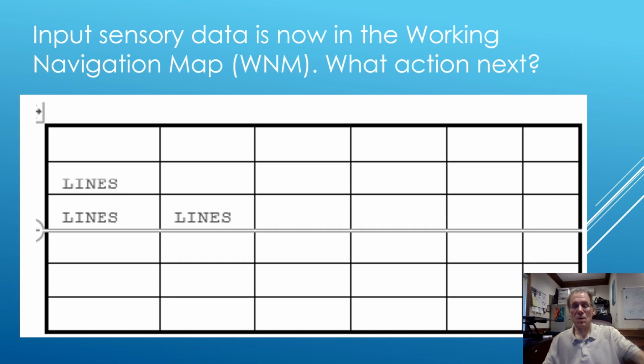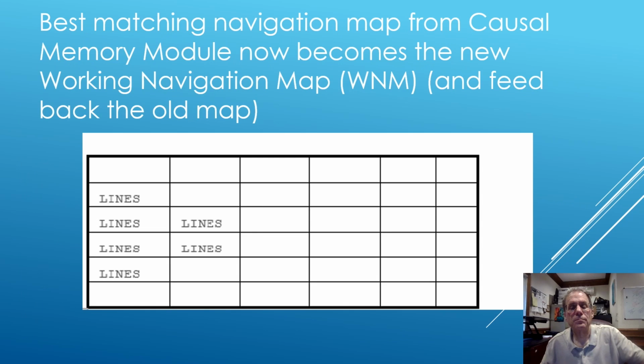Okay, imagine there's a video camera attached to the architecture and some video information comes in. It sees some lines in the environment, in these spatial areas. Okay, what to make of it? What action next to do? Well, the best matching navigation map from the causal memory module now becomes the new working navigation map, WNM, and we've already fed back the old map, and you can look at the equation that shows this.